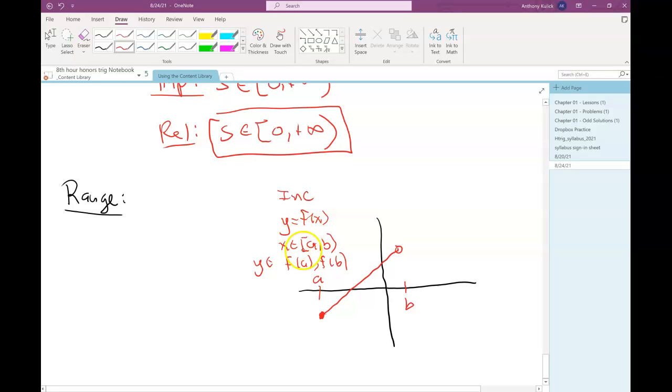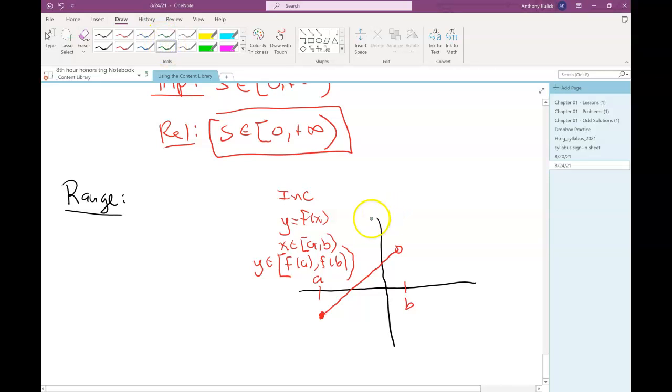Now, because A is a filled-in circle, and because the A in our domain that we're plugging in is included, the y-coordinate that we generate from A should also be included. Same as the y-coordinate B should not be included. Everybody feel okay there?